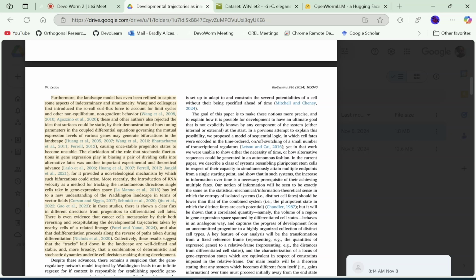All right, so more recently, the introduction of RNA velocity as a method for tracking the instantaneous direction single cells take in gene expression space has led to a new understanding of the Waddington landscape in terms of vector fields. So this is where we get into these inner product spaces. We think about RNA velocity as what is the RNA complement over time, and how fast are things being expressed. We can actually measure all that as this velocity vector.